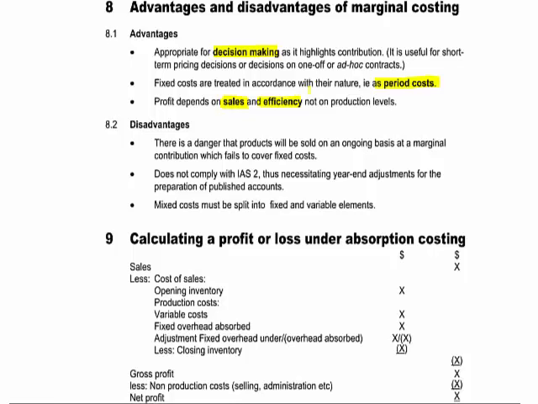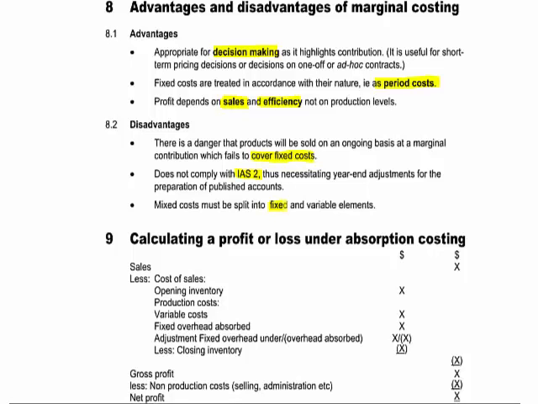The disadvantages, though, are that if we sell products at a marginal contribution on an ongoing basis, we'll fail to cover the fixed costs, which means that the company won't be profitable. It also doesn't comply with IAS 2, whereby the value of closing inventory must include production overheads incurred in producing those products to try and match the costs of production with when the sales occur.